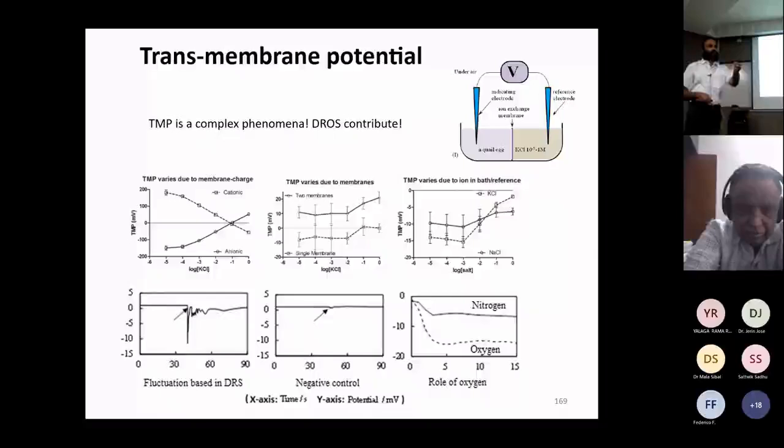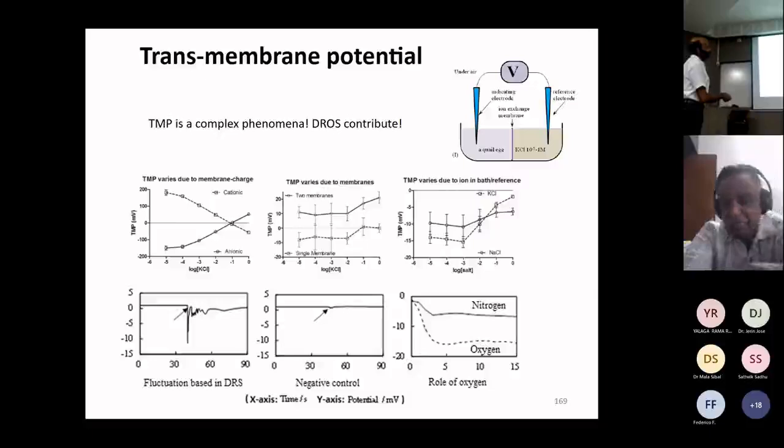You have an enzyme and generate radicals for a fraction of a second, and you get a change like that. In the control, you don't get it, and this gets perturbed significantly by flushing with nitrogen. Also, he established that TMP varies due to membrane charge, the number of membranes, and the ions in the path, and all that.